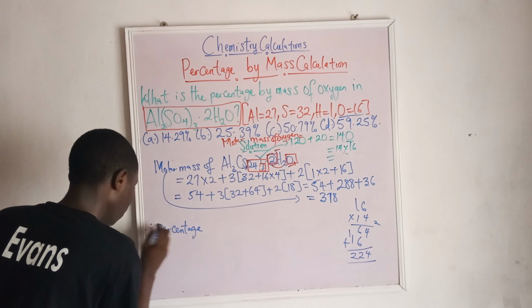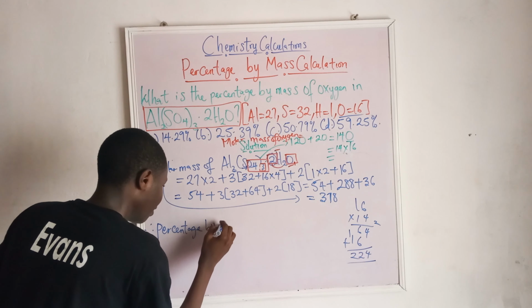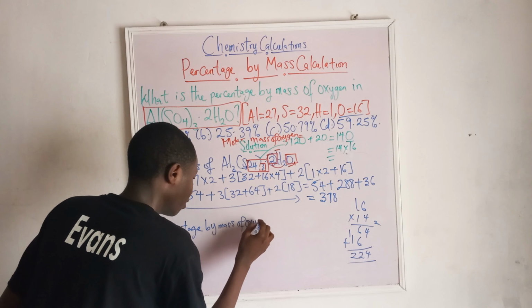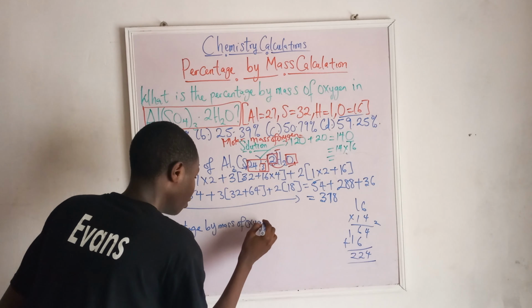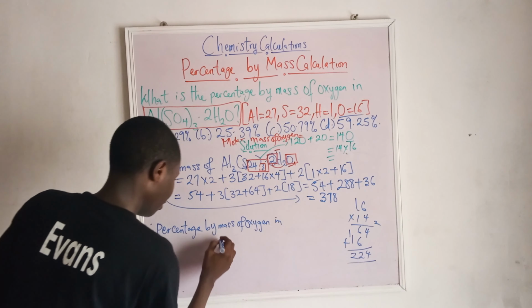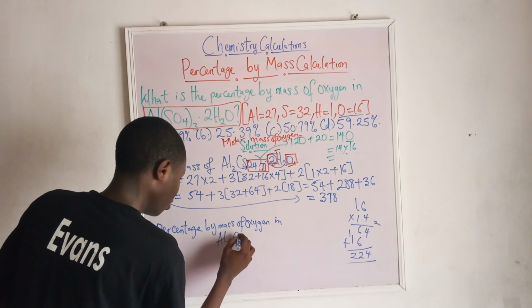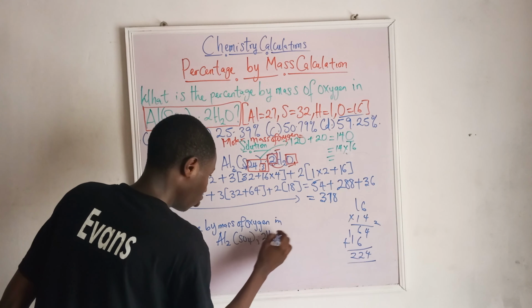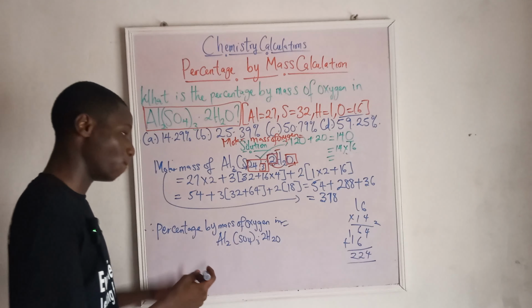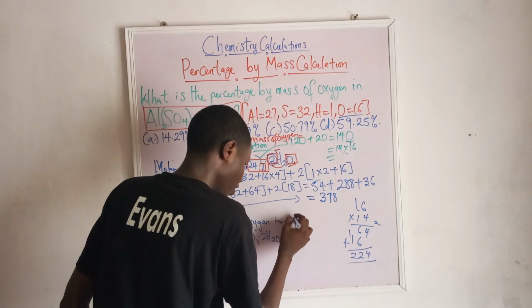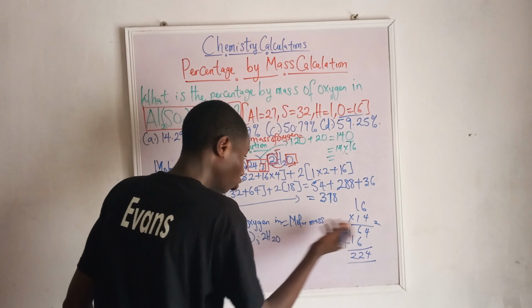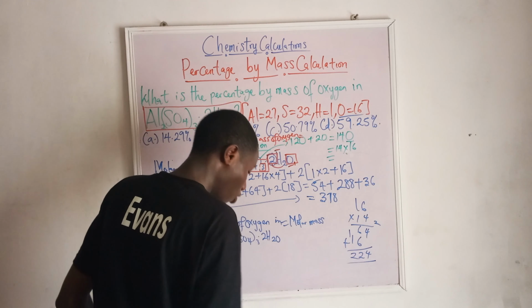Therefore, the percentage by mass of oxygen in the whole compound, in Al2(SO4)3, is equal to the molar mass of the total number of oxygen that we have.